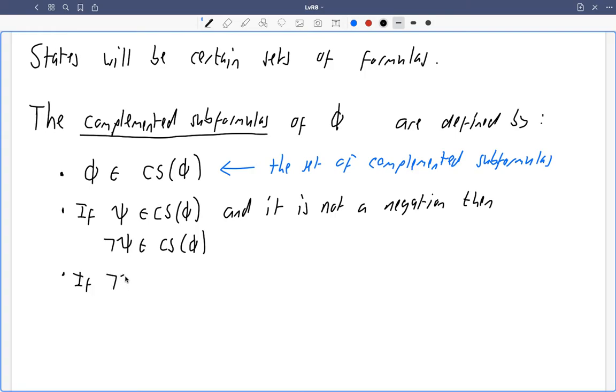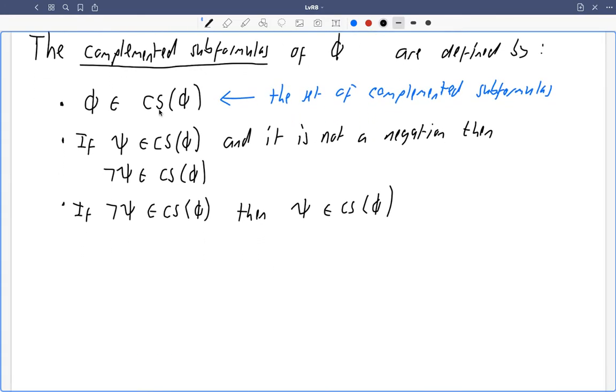So if we do have a negation, not psi, so if we have a negated formula that appears in the complemented subformulas of phi, then we add psi to the complemented subformulas of phi. Okay, so these two work together to make sure that for every formula, it and its negation in some form appears in the complemented subformulas.